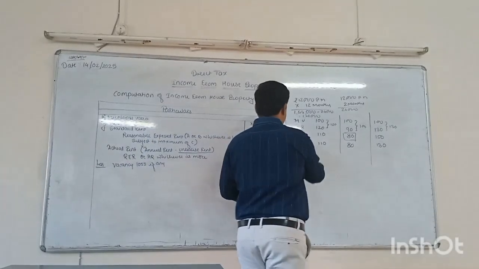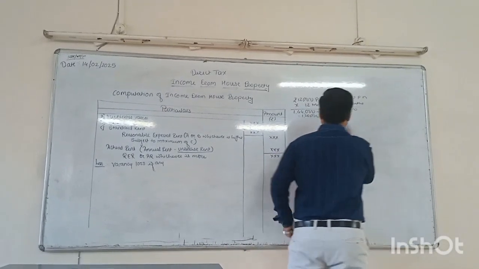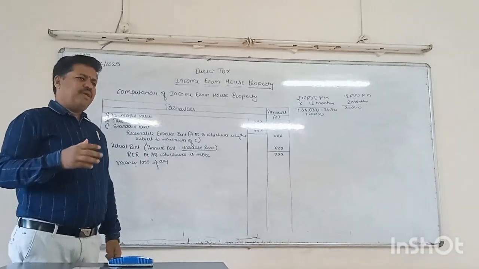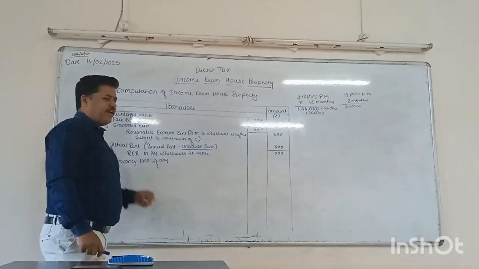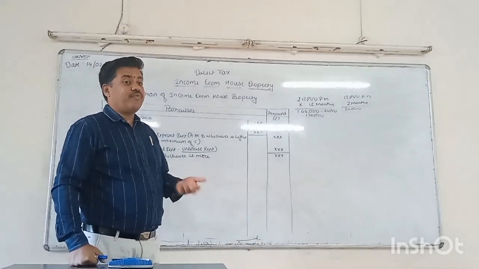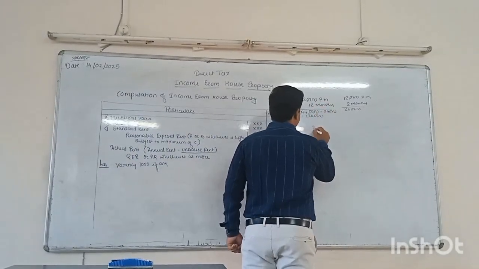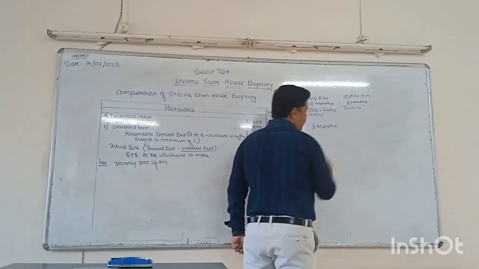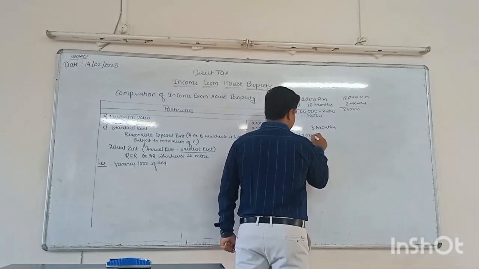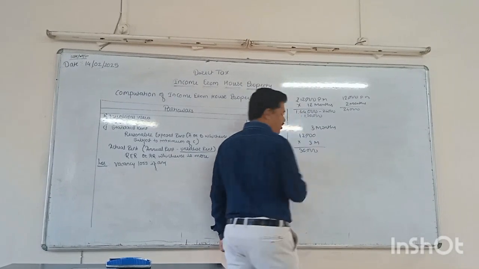If the property is vacant for some period, because we have already taken annual rent, but maybe the property is vacant for 1 month, 2 months, 3 months, so we have to compute vacancy loss also. Just like this, if the property is vacant for 3 months, and rent per month is 12,000, into 3 months, 36,000 is your vacancy loss.